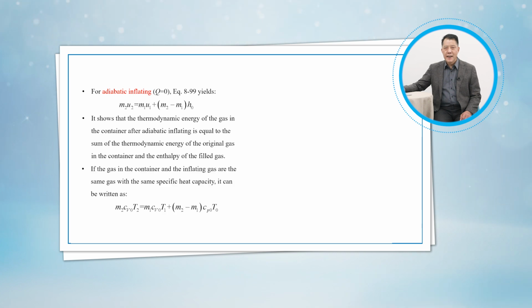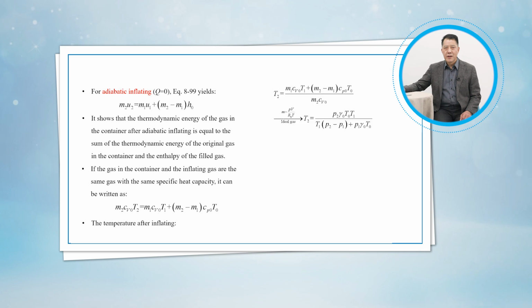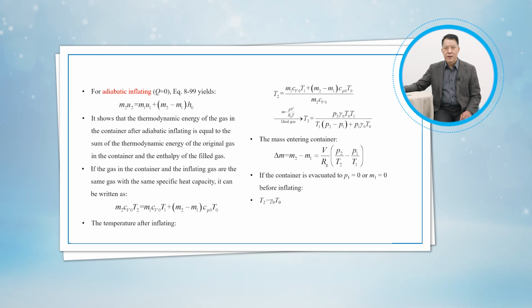If the gas in the container and the inflating gas are the same gas with the same specific heat capacity, it can be written as: the temperature after inflating is... The mass entering the container then is... For a particular case, if the container is evacuated, P1 equals 0 and M1 is 0 before inflating.